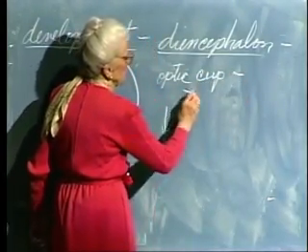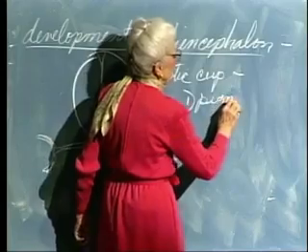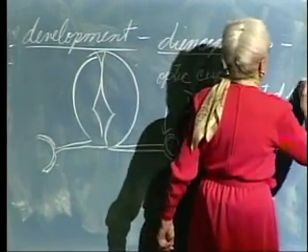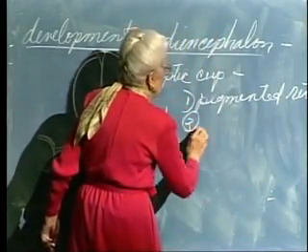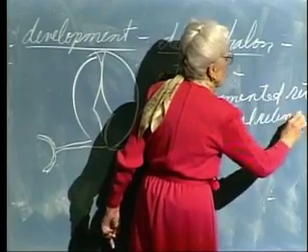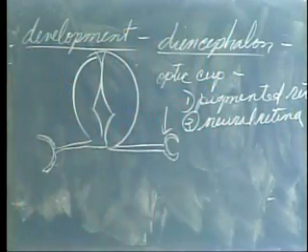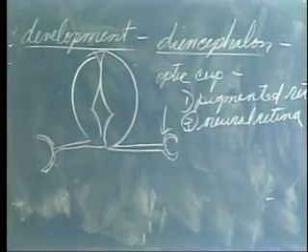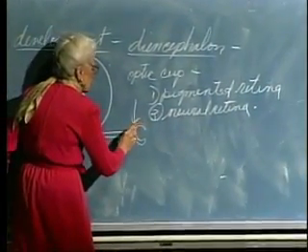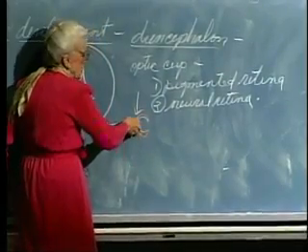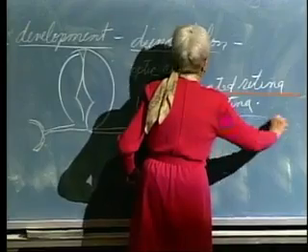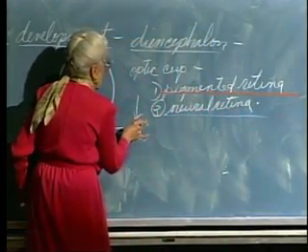We have the pigmented retina, and we have the neural retina. Pigmented is the outer portion, and the neural portion, the inner.